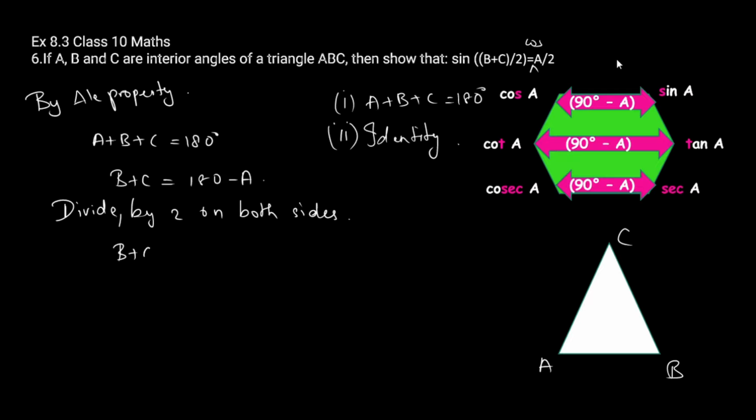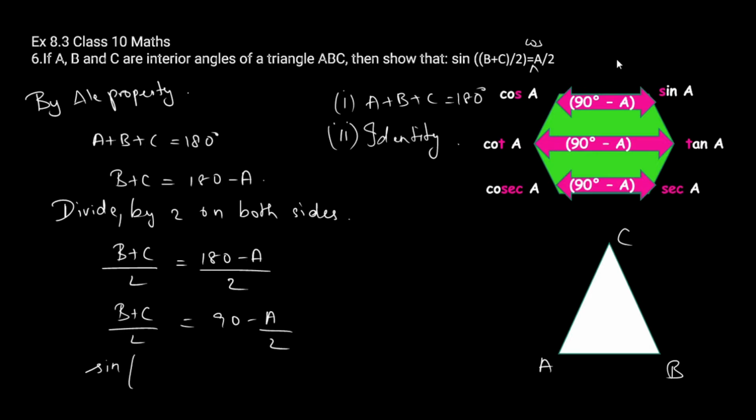Therefore, B plus C by 2 is equal to 180 minus A by 2. Therefore, B plus C by 2 is equal to 90 minus A by 2. Therefore, take sine on both sides. Sine of B plus C by 2 is equal to sine of 90 minus A by 2.